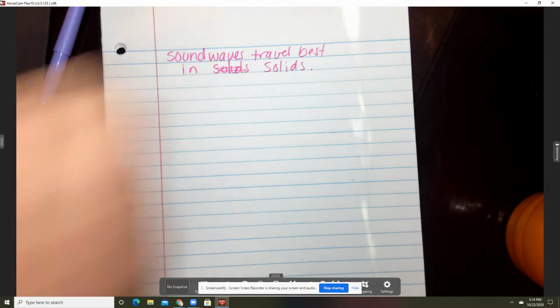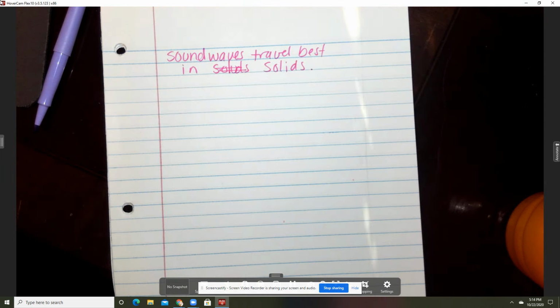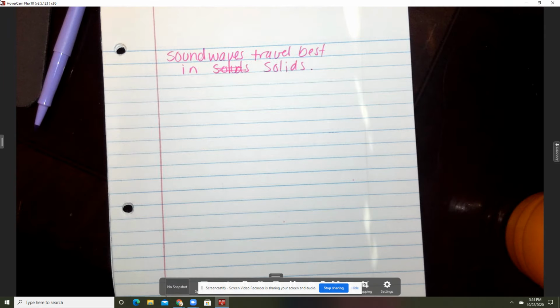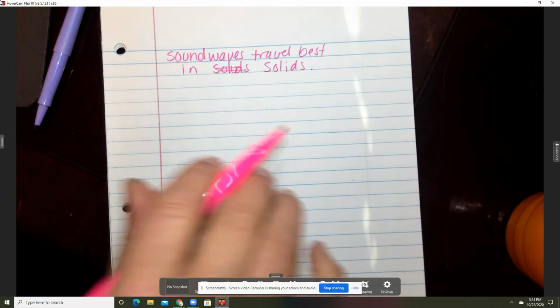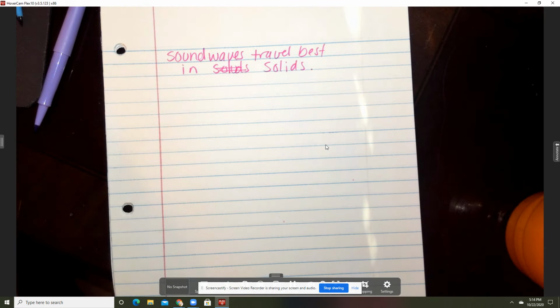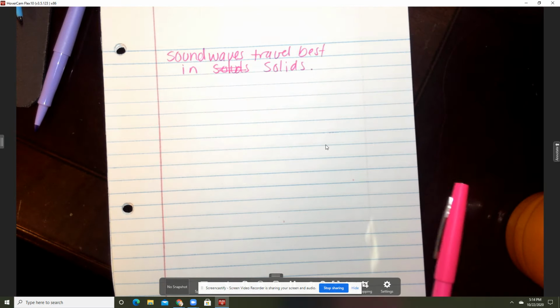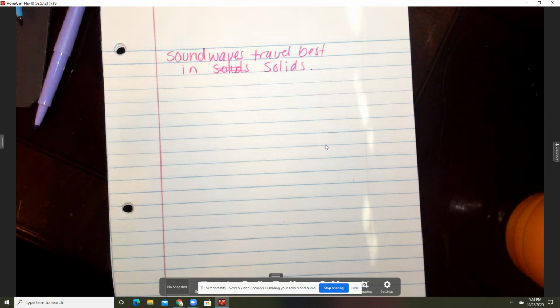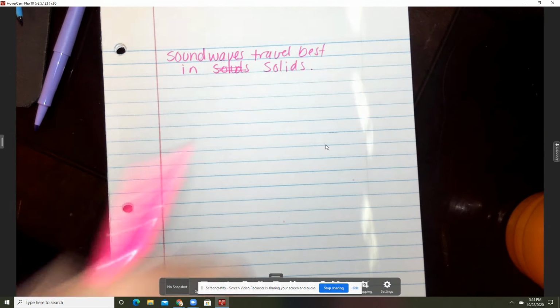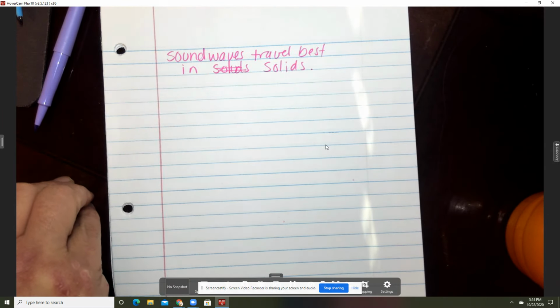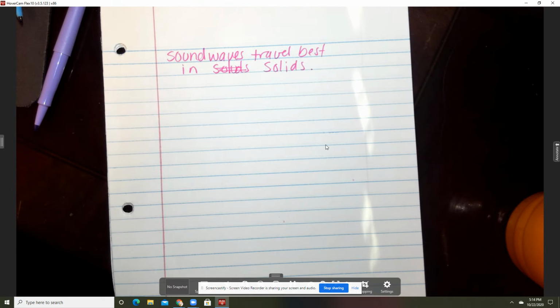If you think about how closely the matter is packed in solids, you're able to hear sound waves move faster in solids. I don't have my tuning fork, but I'll do that in another video. So solids have the best sound.